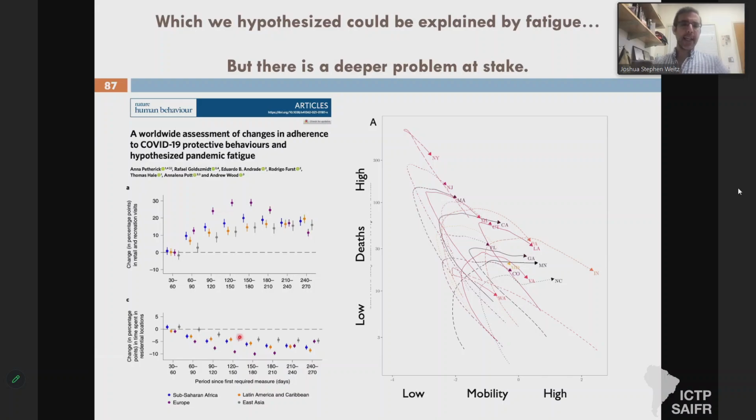If you look at adherence to protective behaviors, what you often see is that there was a period in which there was a percentage change spent in residential locations. And here is retail and recreation visits. There was some period in which people began to go back out later on. So people did end up having these changes, and they differ by region, they differ by socioeconomic level.